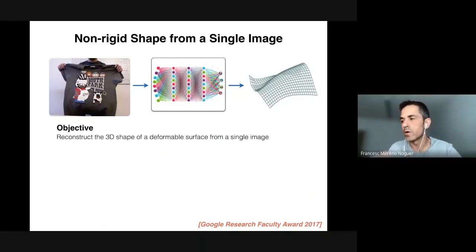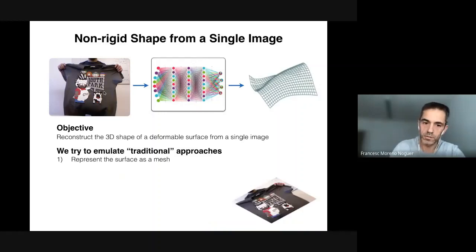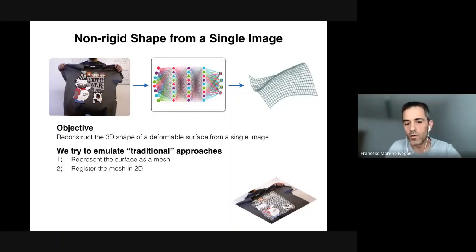We had worked in the past, before deep learning, on this kind of topic, and what we tried to do is to design a network that emulated what we did in these previous works. The idea was to emulate these traditional approaches by first representing the surface as a mesh. Second, we registered the mesh in 2D.